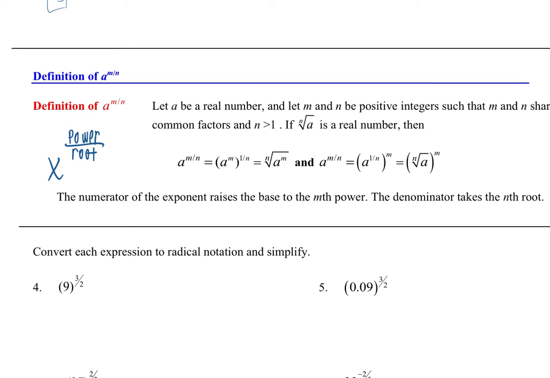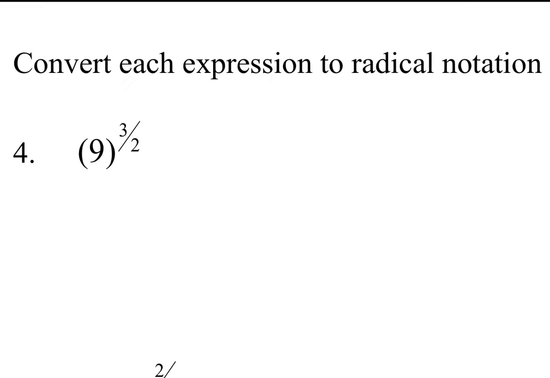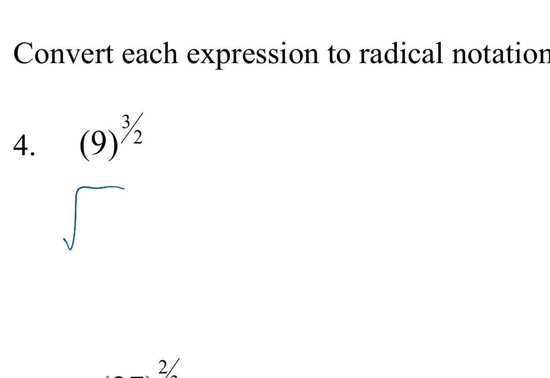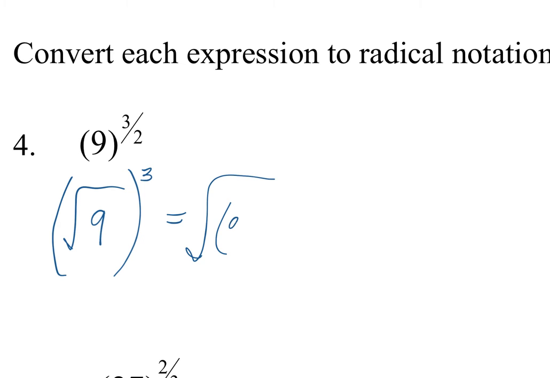So basically, on example number 4, I can write this as the squared root of 9 cubed, or I could write it as the cube of the squared root of 9.